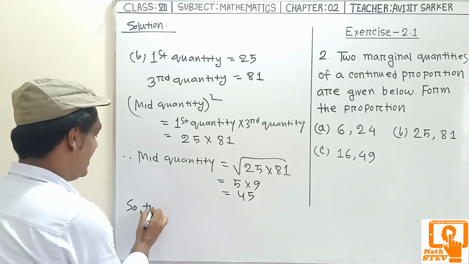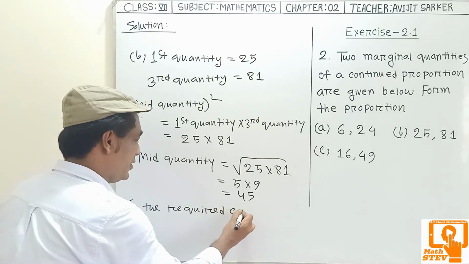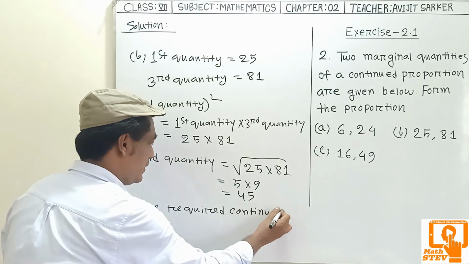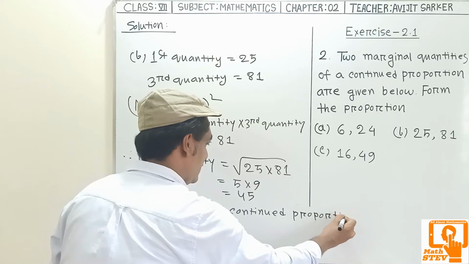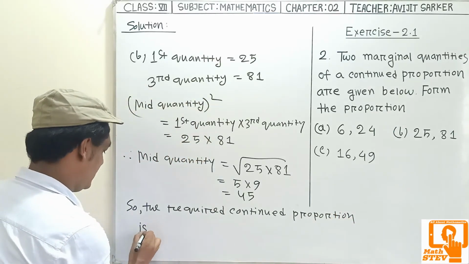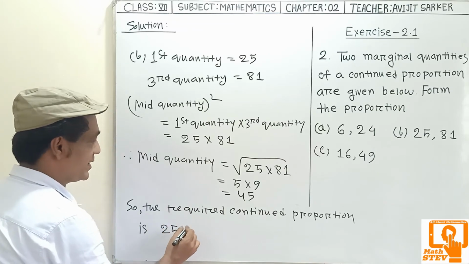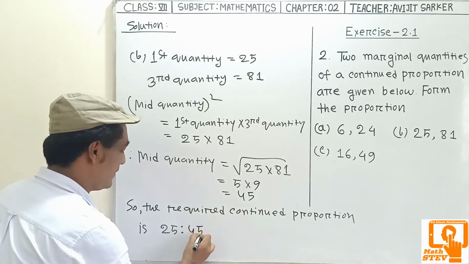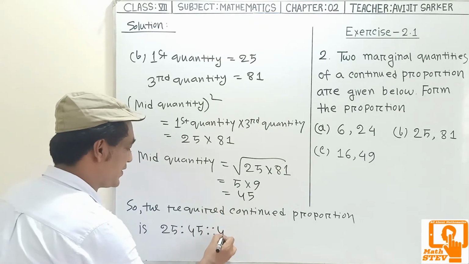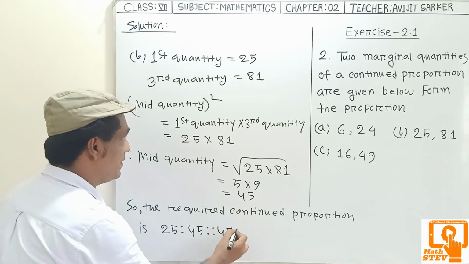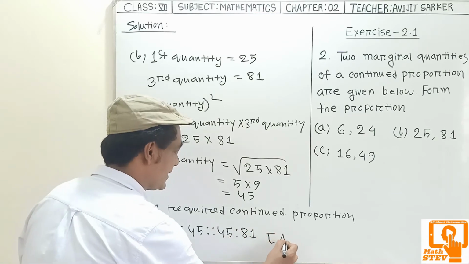So the required continued proportion is first quantity 25 ratio second quantity, mid quantity, 45, proportion symbol, second quantity, mid quantity, 45, ratio third quantity 81. So this is the answer.